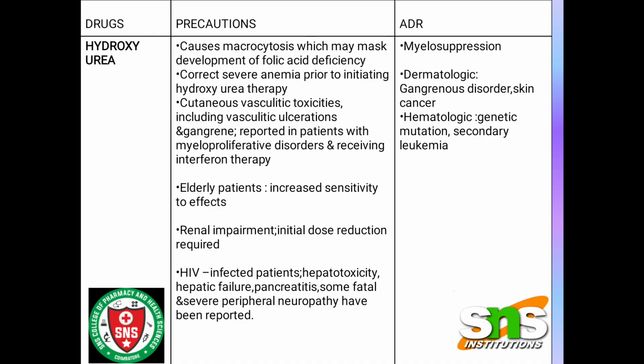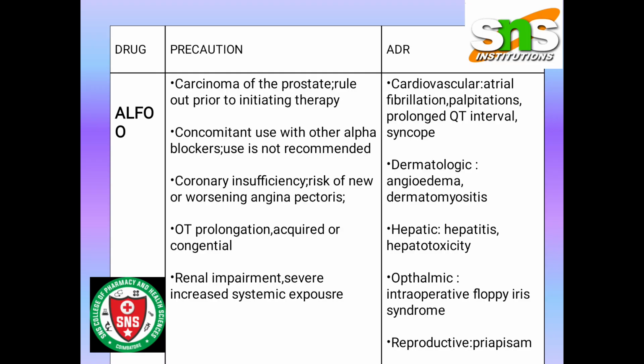And ADRs are myelosuppression, dermatologic gangrenous disorder, skin cancer, hematologic genetic mutation, secondary leukemia. And what about alfuzosin? Carcinoma of the prostate: rule out prior to initiating therapy. Concomitant use with other alpha blockers is not recommended. Coronary insufficiency: risk of new or worsening angina pectoris.